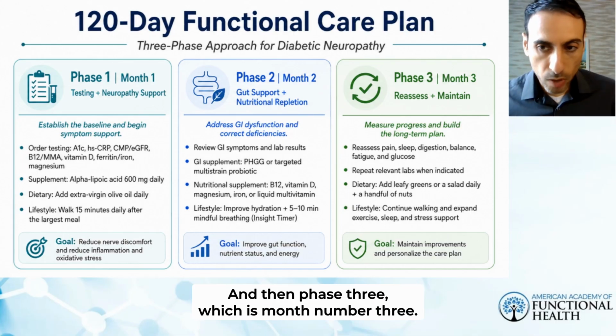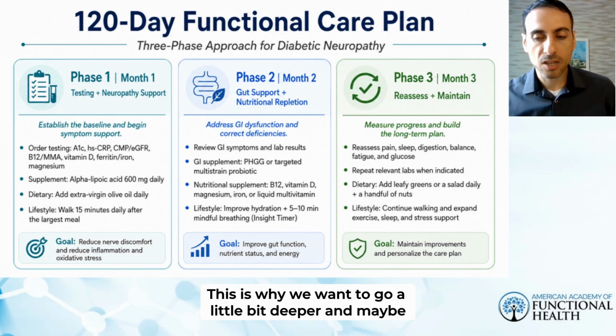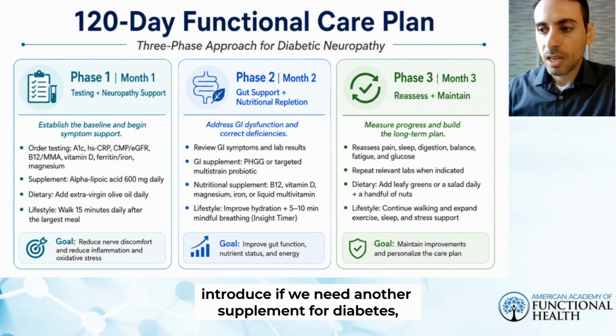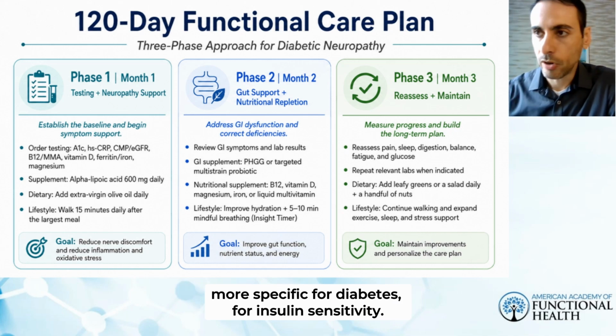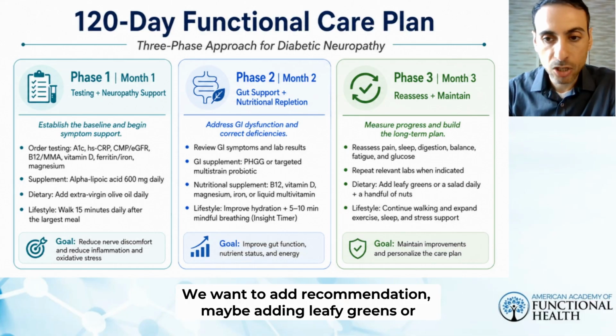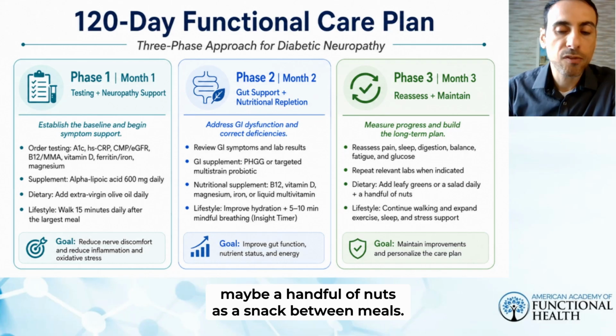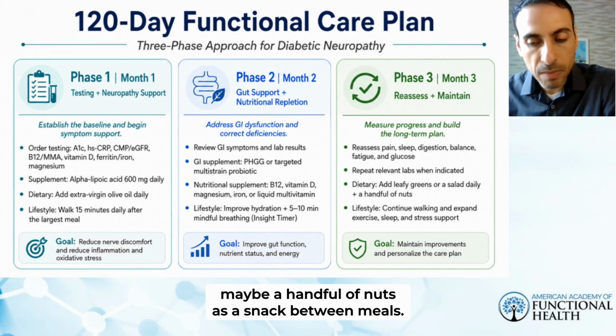And then phase 3, which is month number 3, this is where we want to go a little bit deeper and maybe introduce another supplement, more specific for diabetes, for insulin sensitivity. We want to add a dietary recommendation, maybe adding leafy greens or maybe a handful of nuts as a snack between meals.